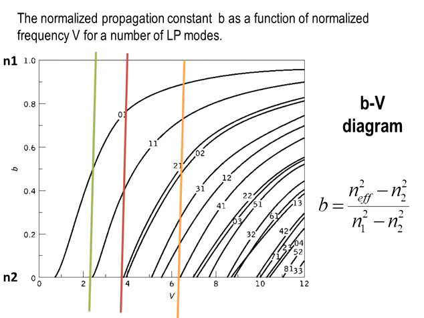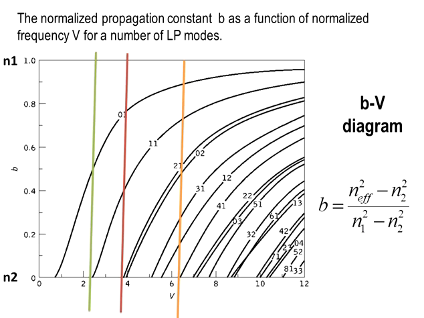Again, if I increase V number, then you can observe fiber will support more and more number of modes. So in this way, from this BV diagram, we can find which modes can propagate through the fiber depending on this V parameter or V number.